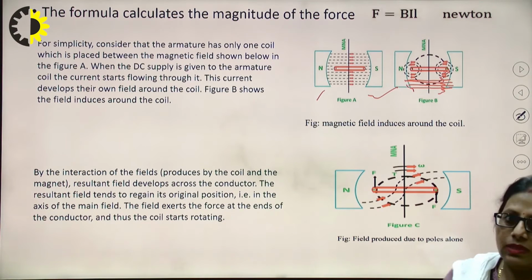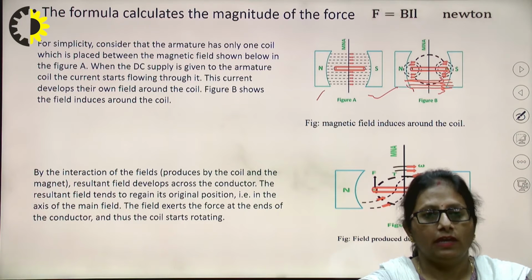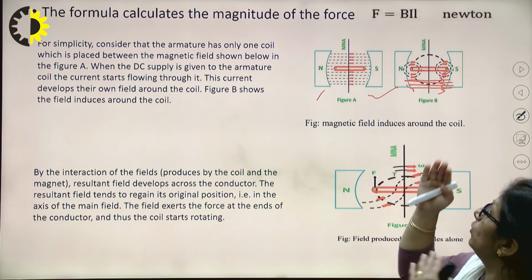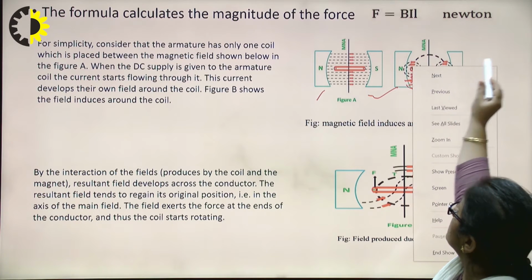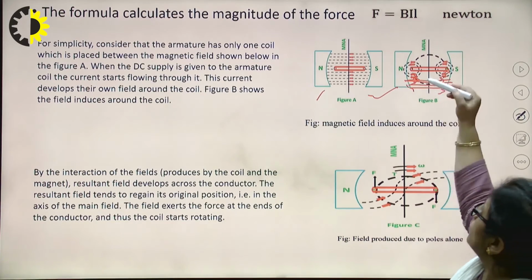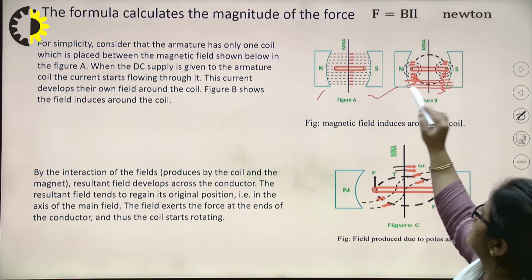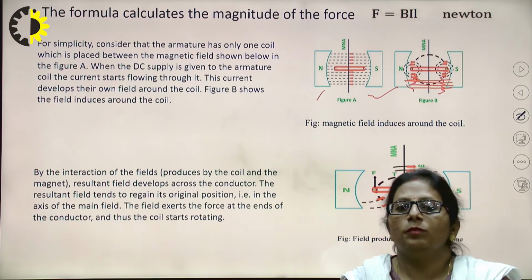So here there will be a cancelling of the field, and towards the other side, both of these are supporting each other. So towards the downward side, the strength of the field would be more, right?